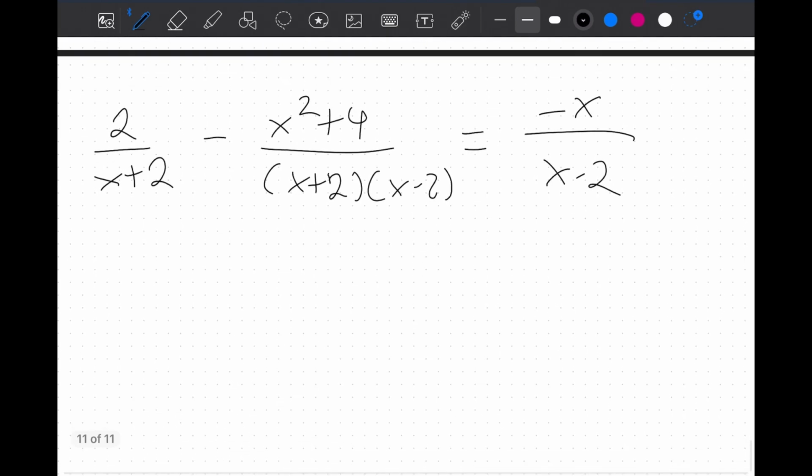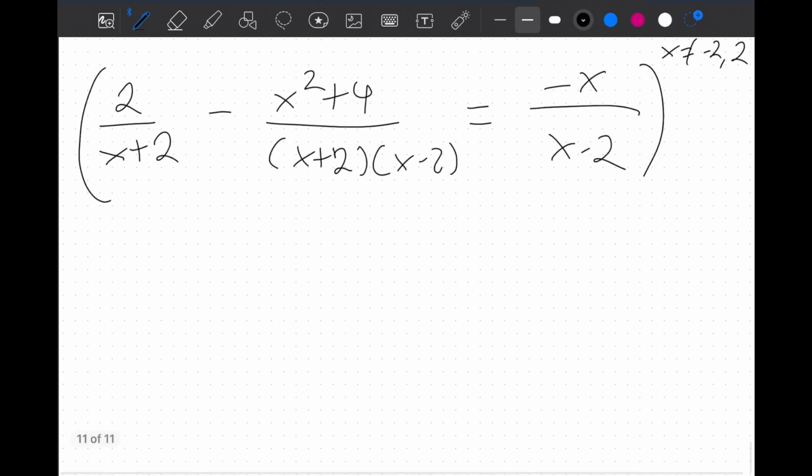Try this one. Same idea, a little bit more complex. In this case, x cannot equal minus 2 or positive 2. So we can say that x cannot equal minus 2, comma 2.